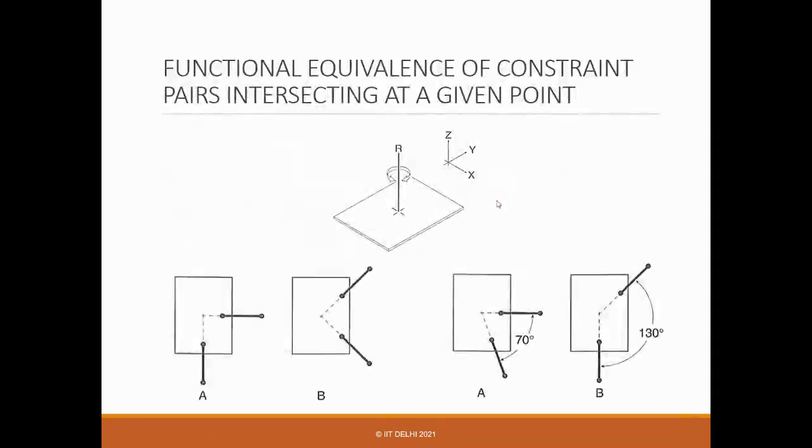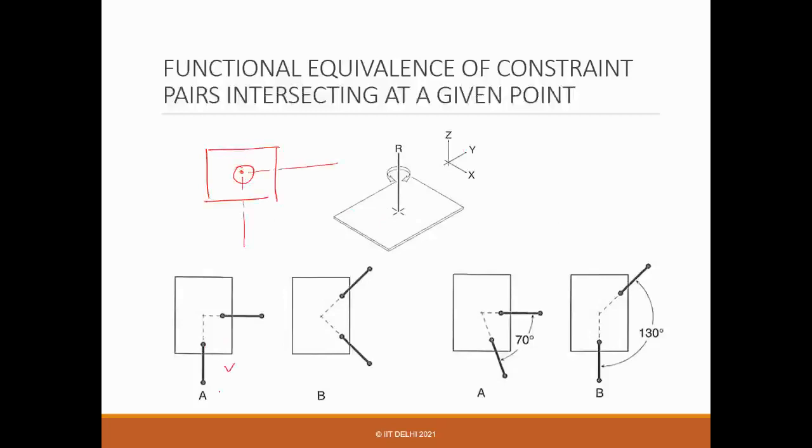Again, here we talk about equivalence. Suppose what you are interested in is this case. If you have this object and you want to define a point of rotation at this point, where should it be? One way is intersecting lines, so this constraint line can be like this.